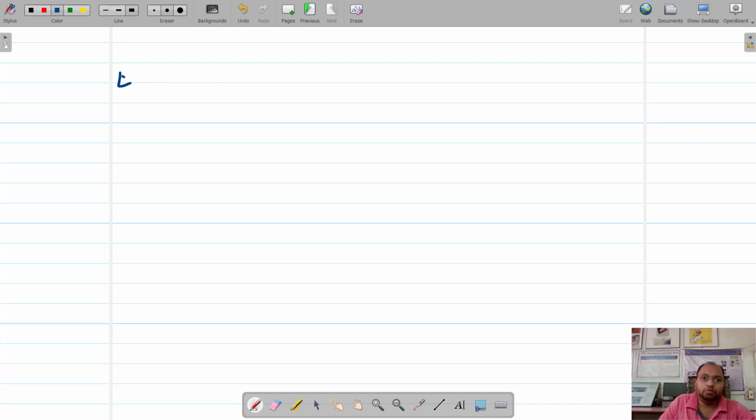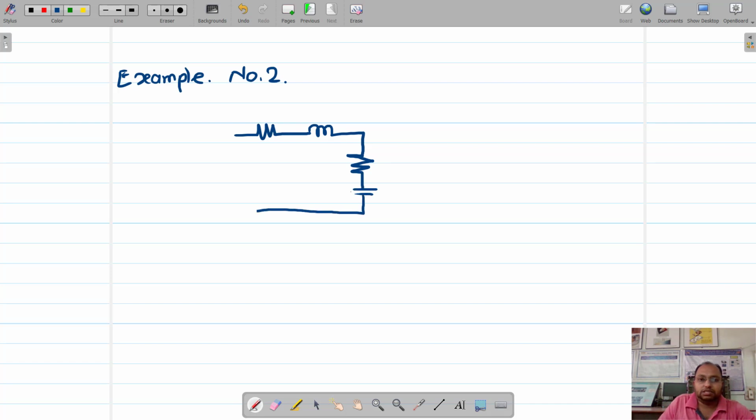Okay, so example number 2, y parameter, example number 2. Now this is somewhat complicated circuit.